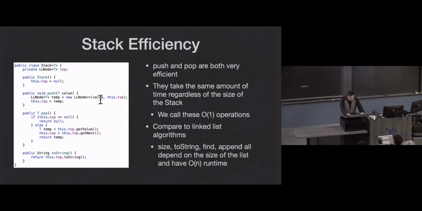Why can't we add more methods to pop? Oh, did I skip that one? Oops. Why can't we add more methods to pop? Like, you mean more methods to the stack? There's nothing physically stopping you from doing that, but the computer science concept of a stack is push and pop, and that's it. It's what we all agree on.